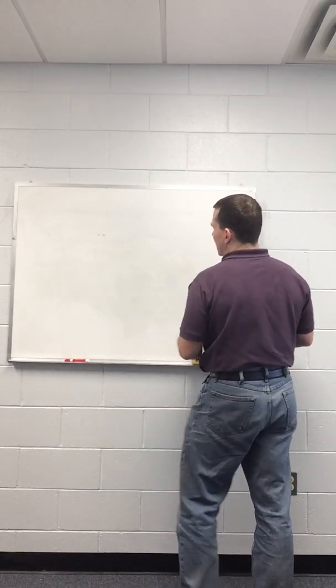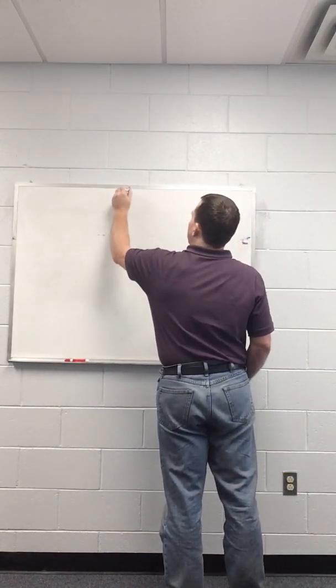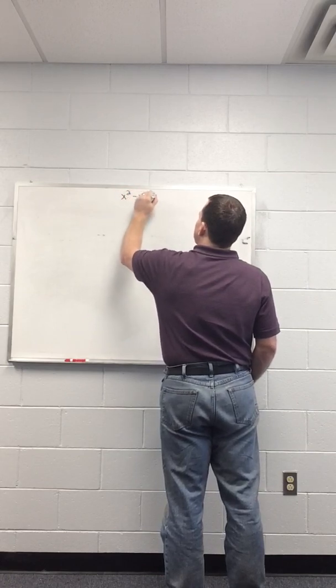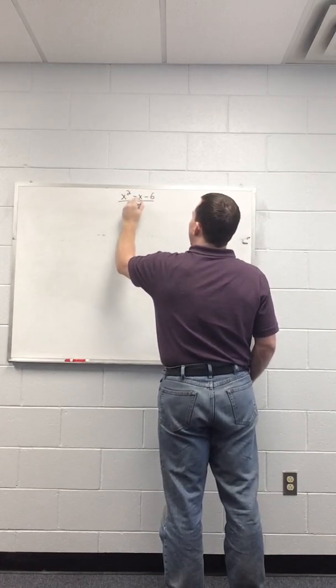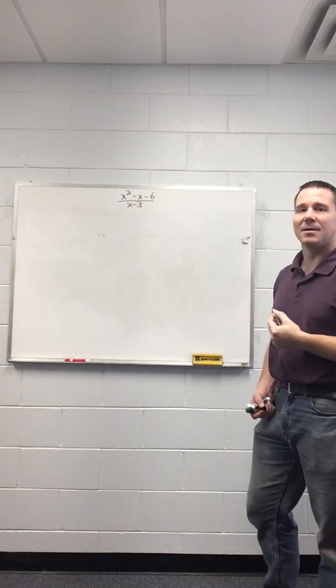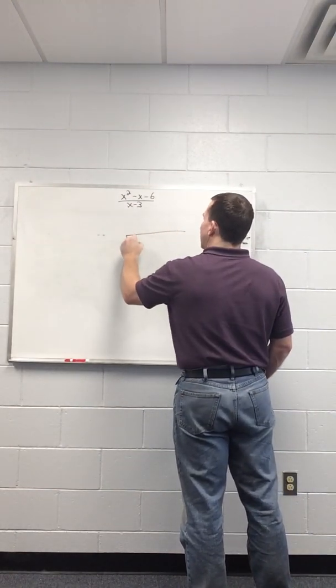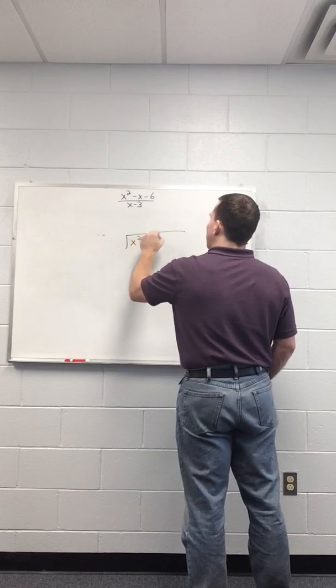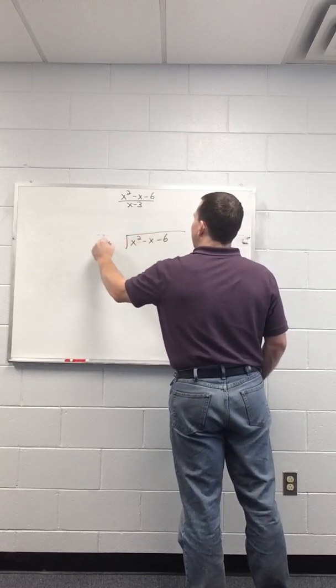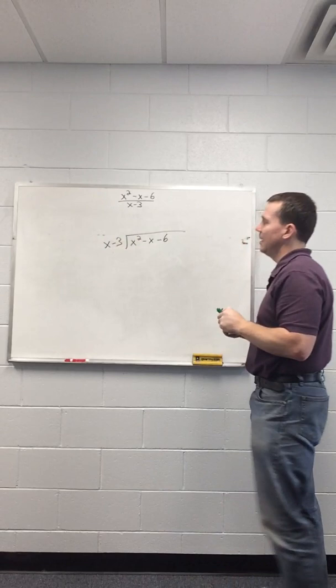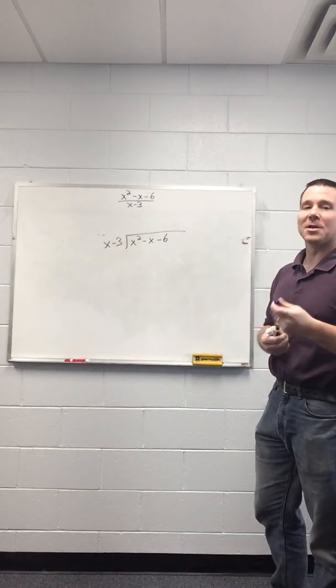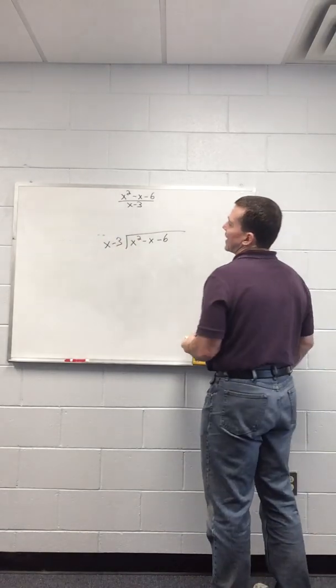So, suppose we have x squared minus x minus 6 divided by x minus 3. I want to divide those, so I set it up. X squared minus x minus 6 divided by x minus 3. Now there's more than one term here, but we start on the outside.